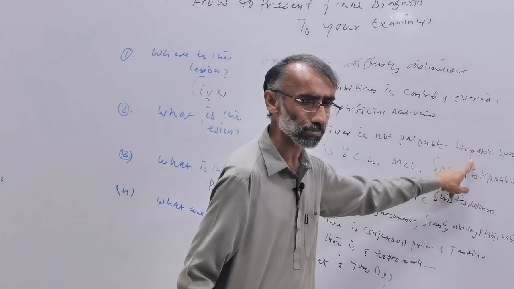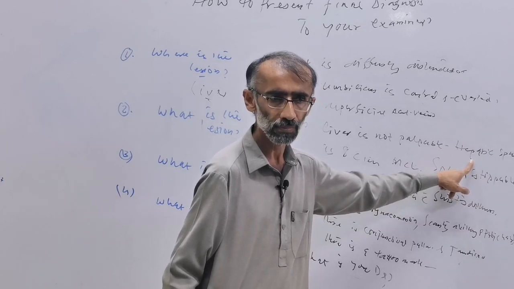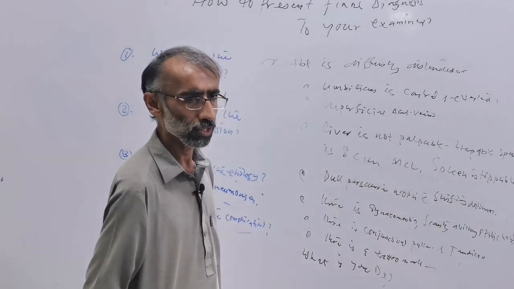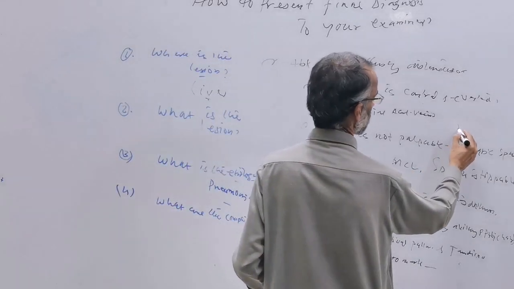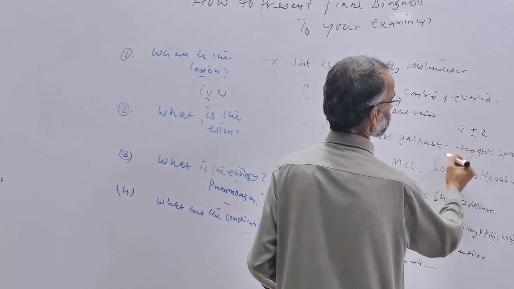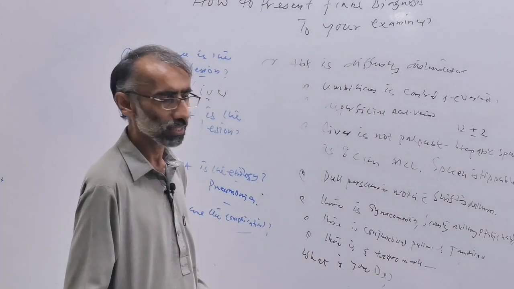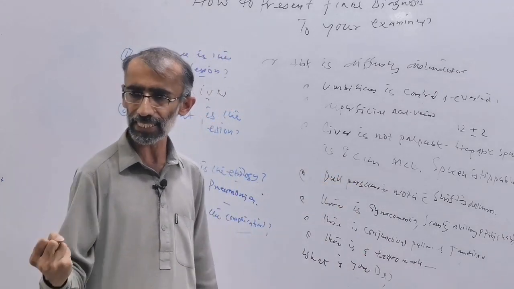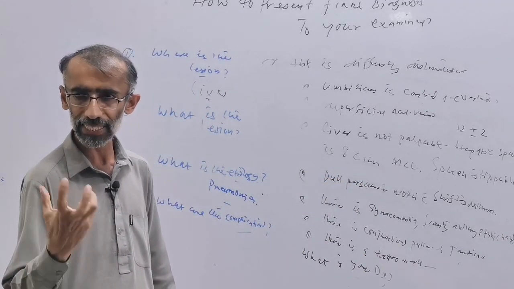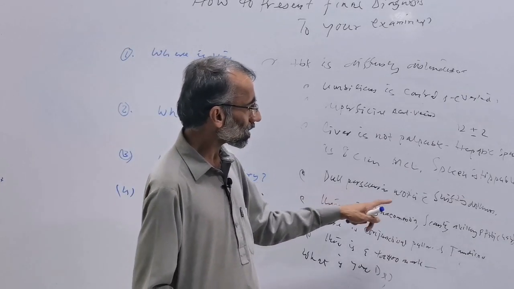Because what is the normal liver span? Normal is 12 plus or minus 2 centimeter. It is 8 centimeter. It means the liver is shrunken. Liver is cirrhosed. Liver is shrunken.